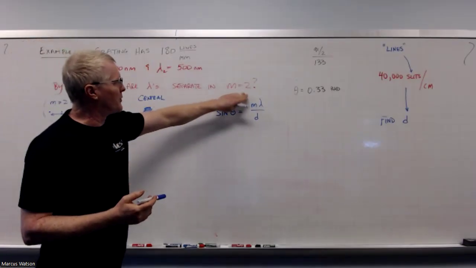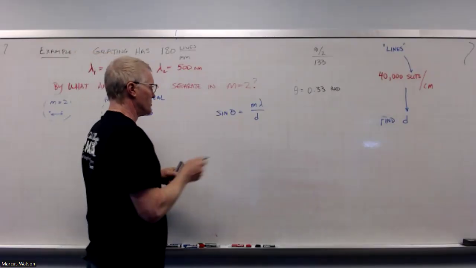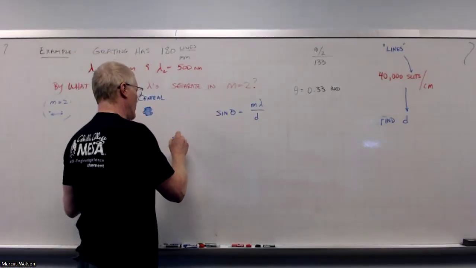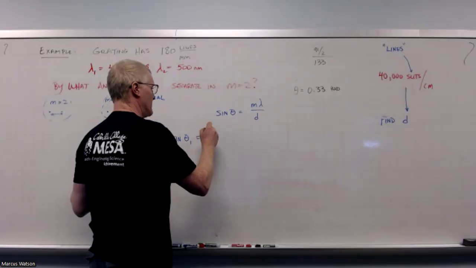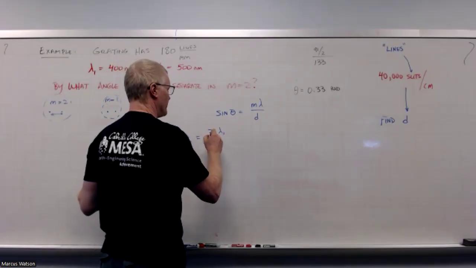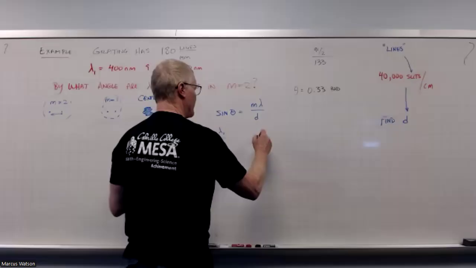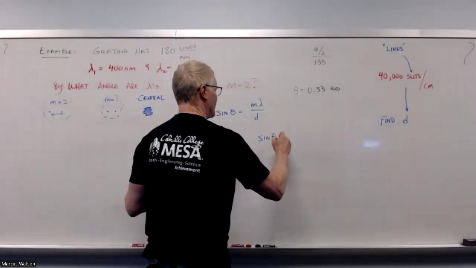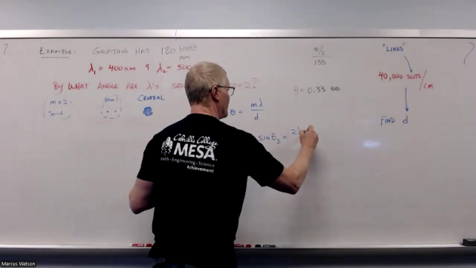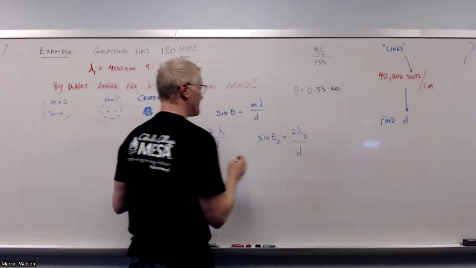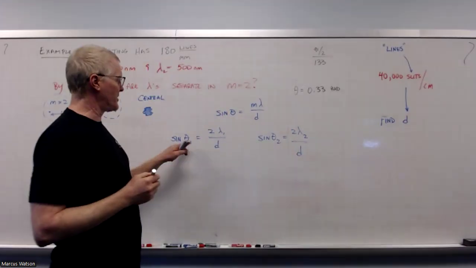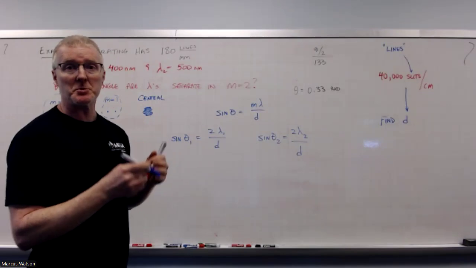We're looking at the m equals 2 stage here. So sine of theta 1 is 2 times lambda 1 divided by d, and sine of theta 2 is the exact same thing, 2 lambda 2 divided by d. If we solve for these angles, we can then just subtract them.